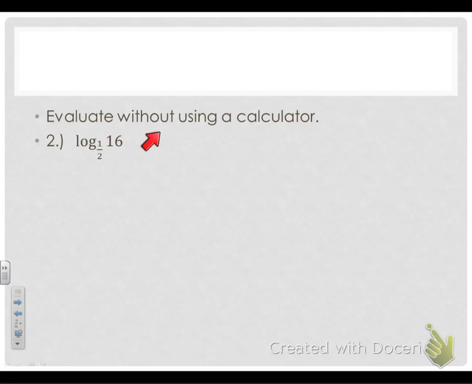I'm going to do another example of this. Log base 1/2 of 16, again evaluating without using a calculator. I was thinking about how I could put 16 in terms of 1/2, but that might be too difficult. So I set it equal to x and ask, using the circle, 1/2 to what power equals 16?